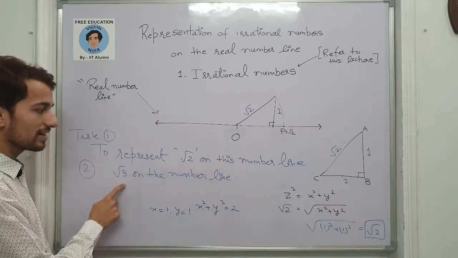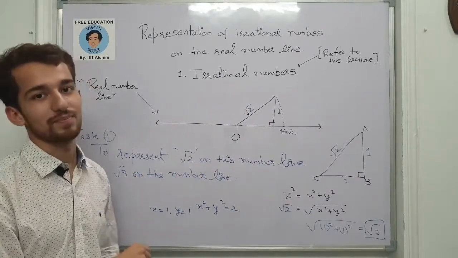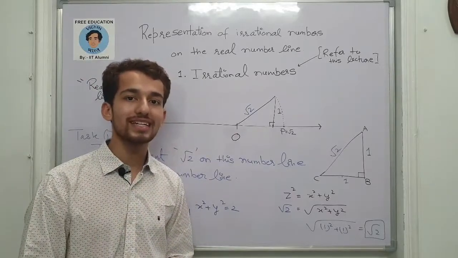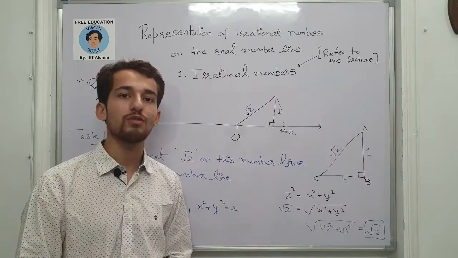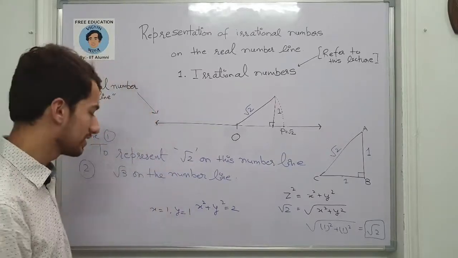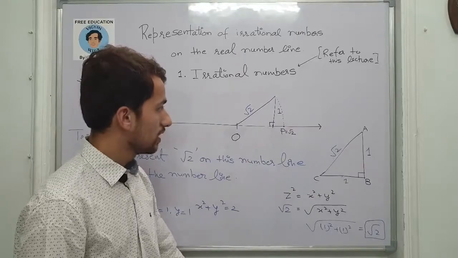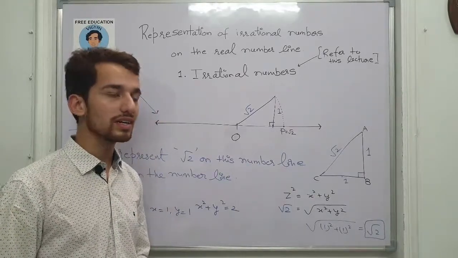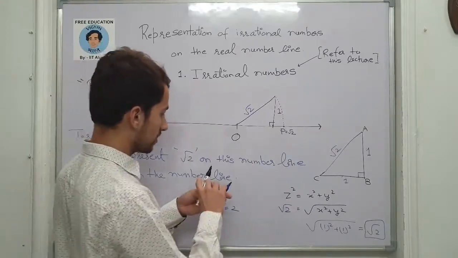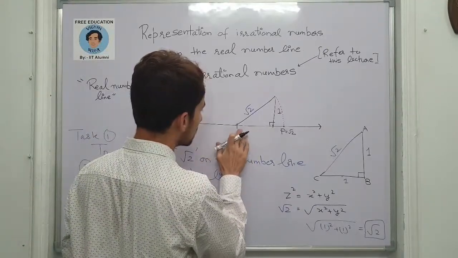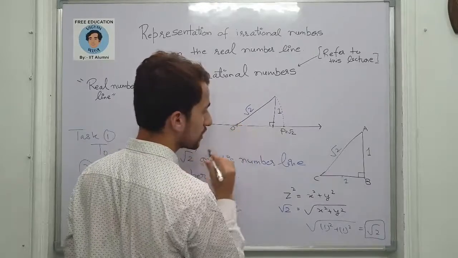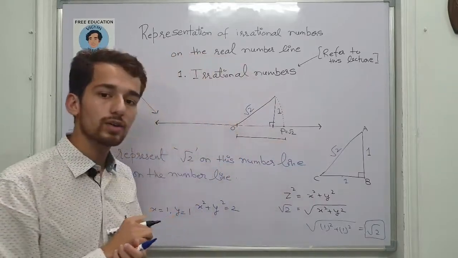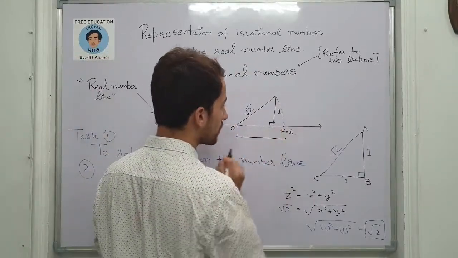Now I'm interested in representing root 3. I first ask you to pause the video and try to represent it yourself, taking possible choices of x and y. Now let's understand how to represent root 3 on the real number line. I know this is my reference point 0. From here to here the length is root 2, because this point we have fixed.